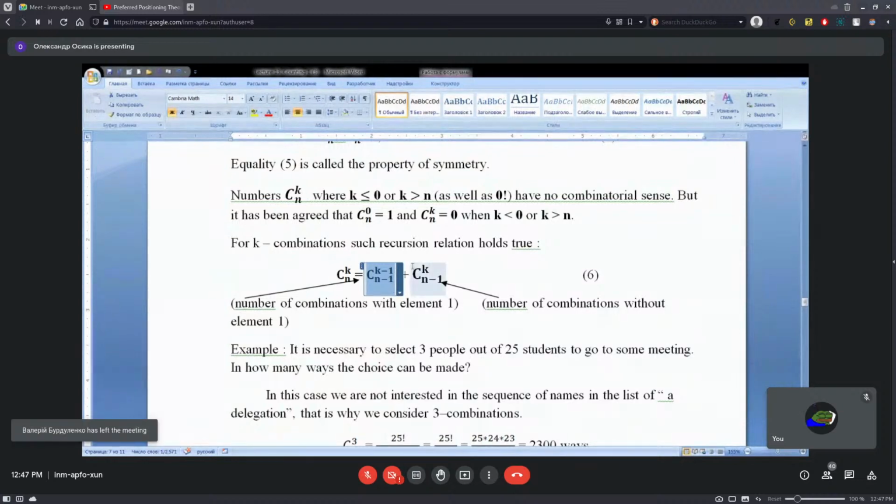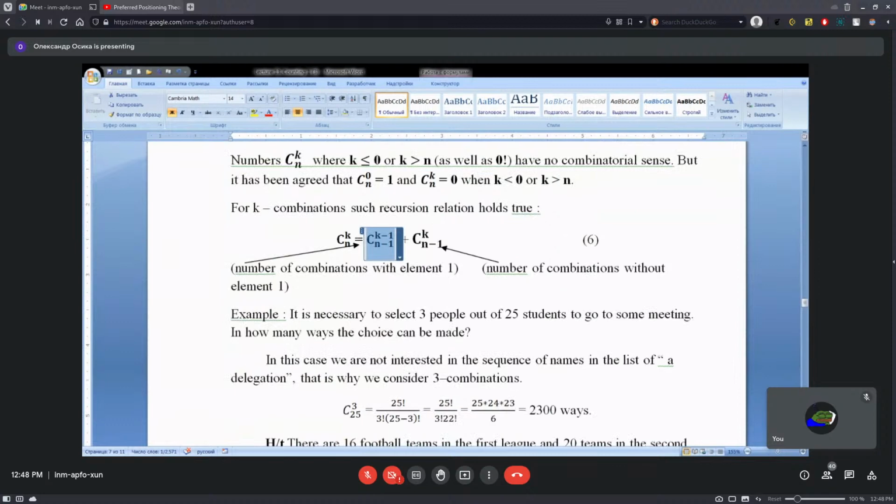And here is the number of combinations without element 1. So we are making k subsets in the set from where we exclude element 1, where we have n minus 1 elements. That's why this is the formula.